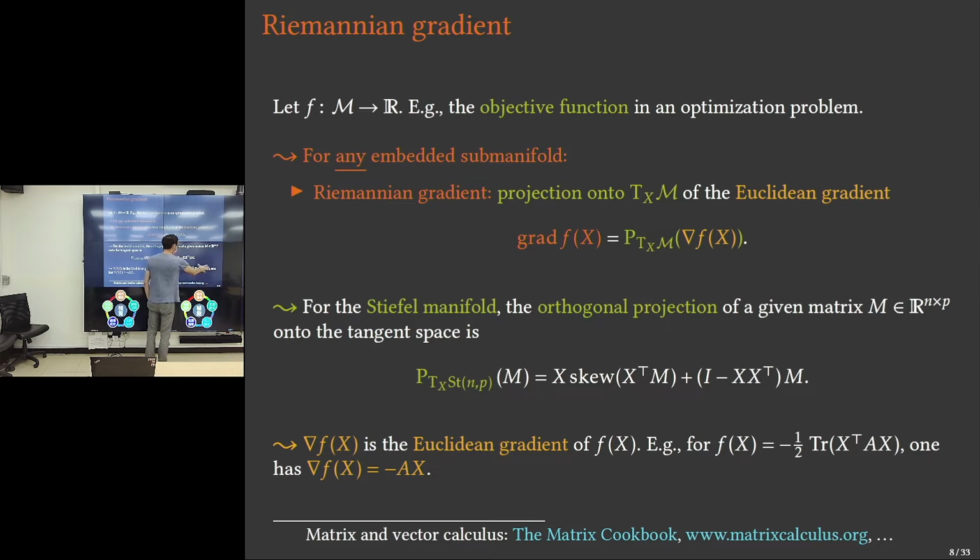But here we just look at it as a matrix function of x with some matrix A. If you compute the Euclidean gradient, this is just minus A times x. Then you insert this into this, using the expression for the projector, and you have the Riemannian gradient on the Stiefel manifold for that objective function.